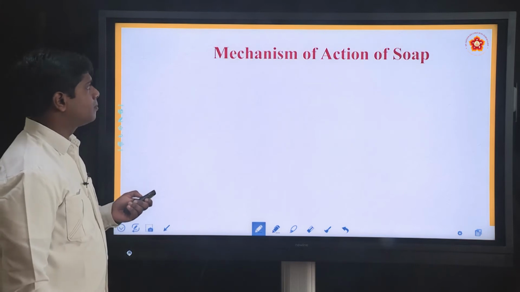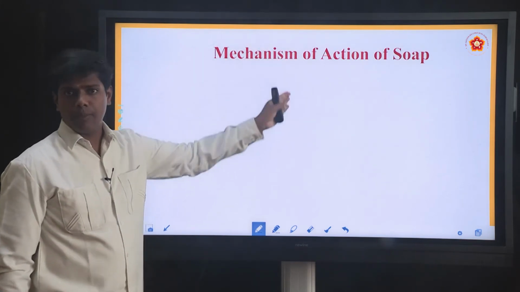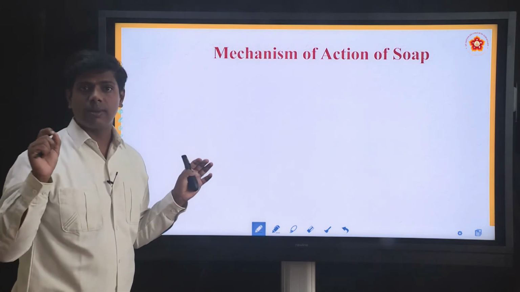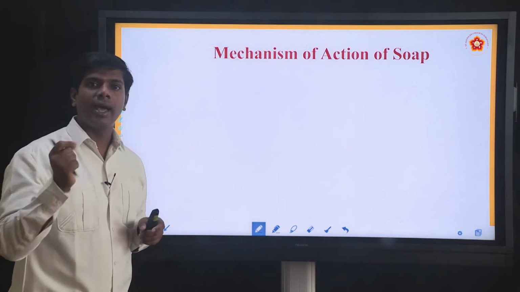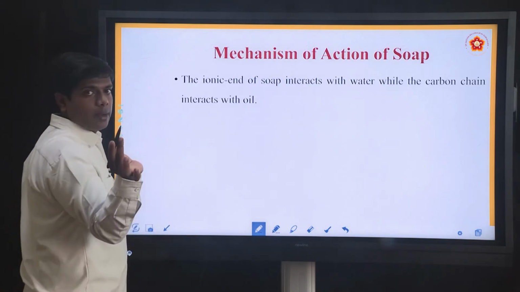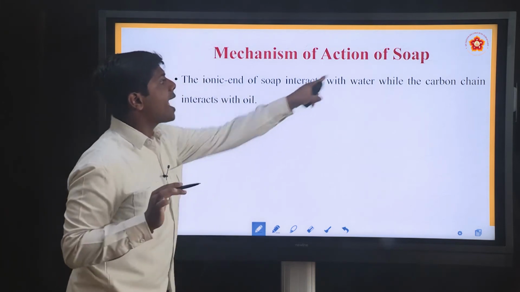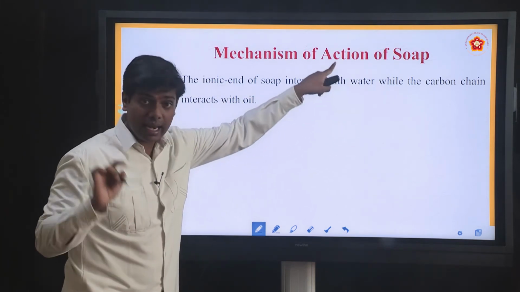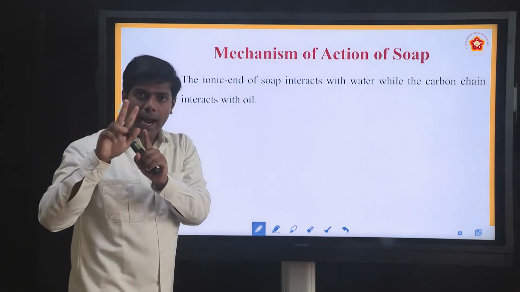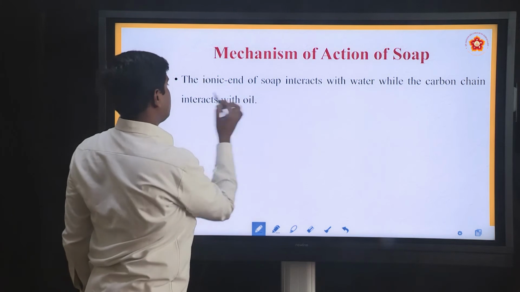Next, let us discuss about mechanism of action of soap. Very important. Please understand this concept. Very important for your exam purpose. First point, very important, please note down. The ionic end of soap interacts with water. Interacts means there are two parts. One is ionic end and one more is carbon chain that interacts with oil.